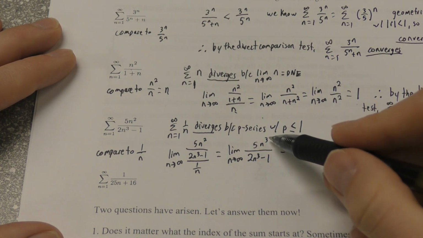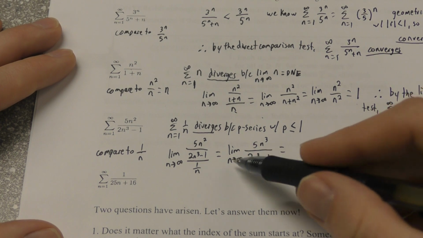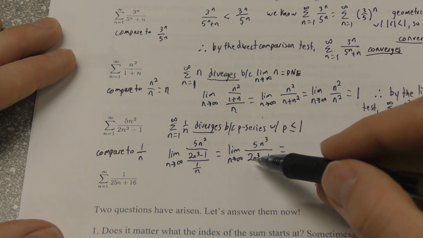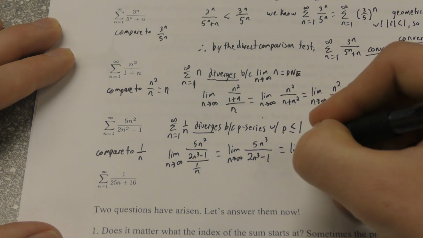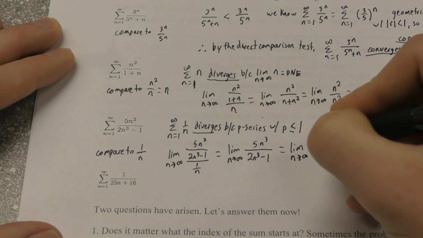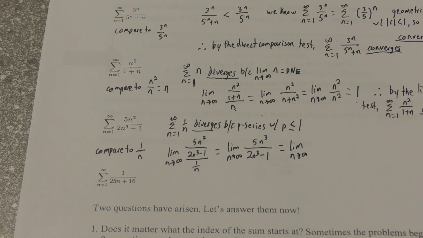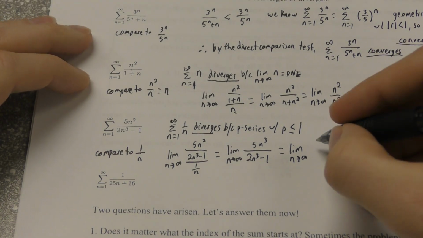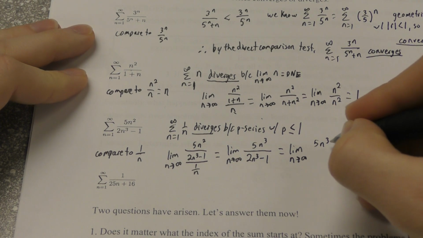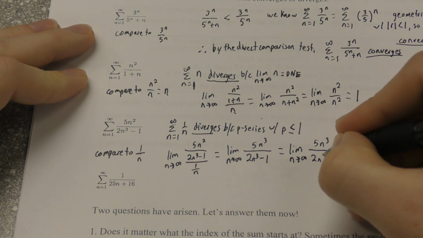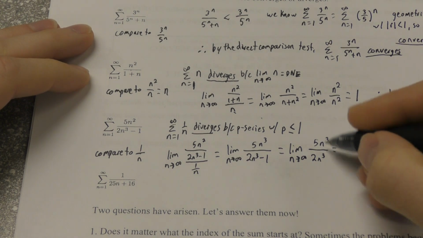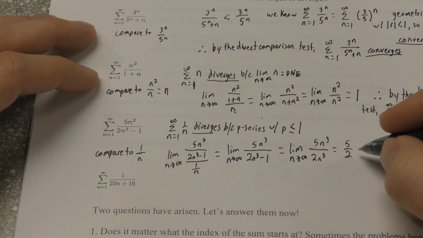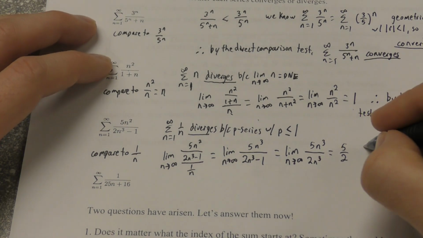I could use L'Hopital's rule here, or I could just compare: 5n cubed is going to dominate on top as n goes to infinity, 2n cubed is going to dominate underneath. And what does that leave us? It leaves us with 5 halves. 5 halves is a number between 0 and infinity, non-inclusive.